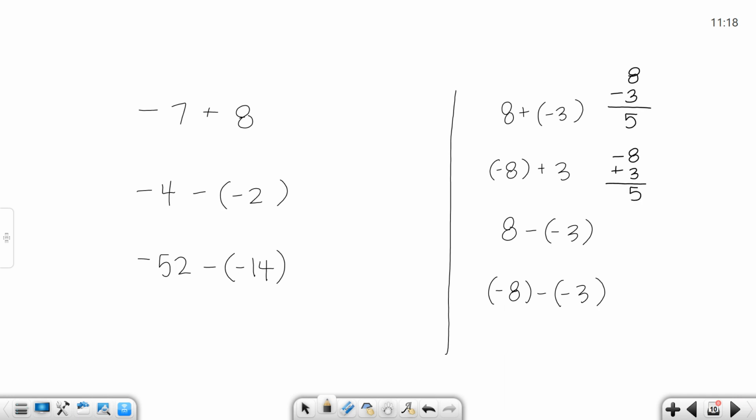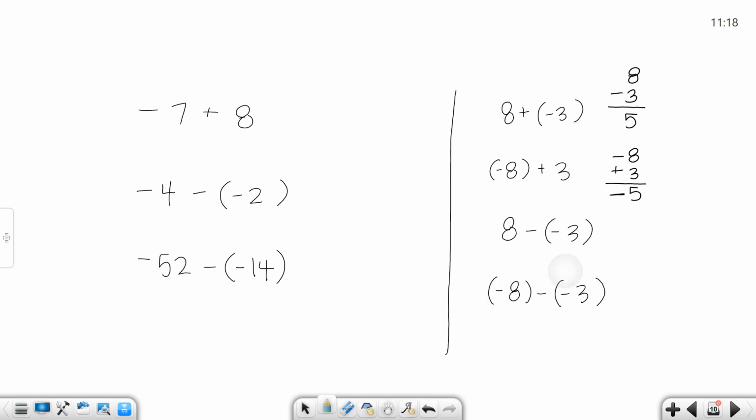I'm going to subtract them and get a 5. But since the 8 was bigger, that means my result is going to take that negative sign. You can think of it in terms of money again. I owe somebody $8, but I get $3.